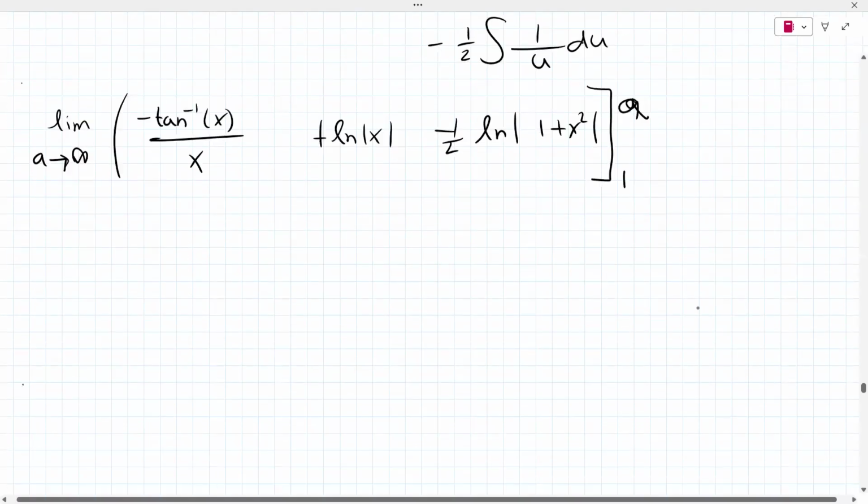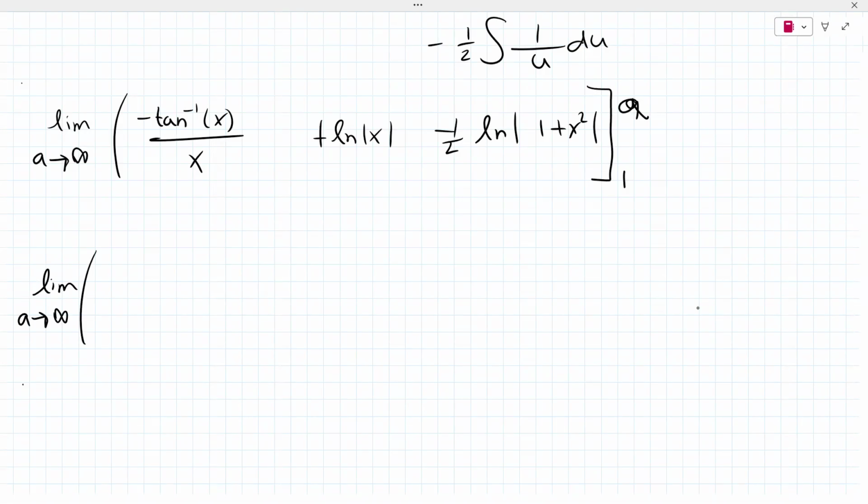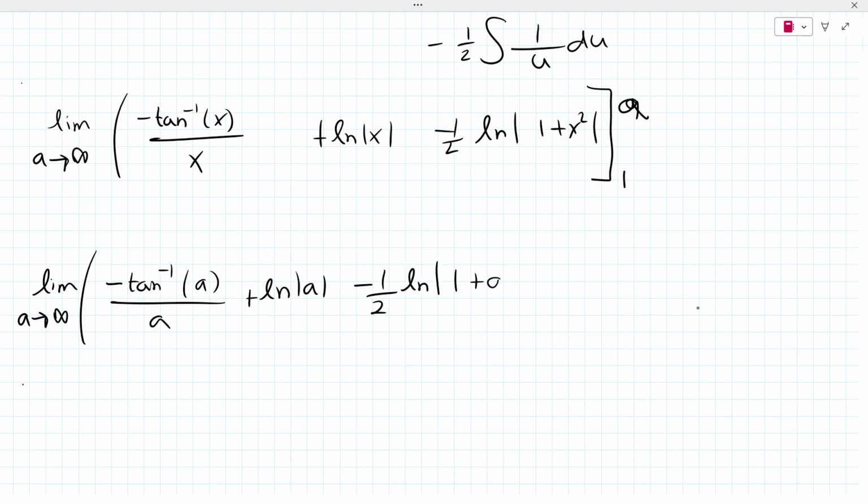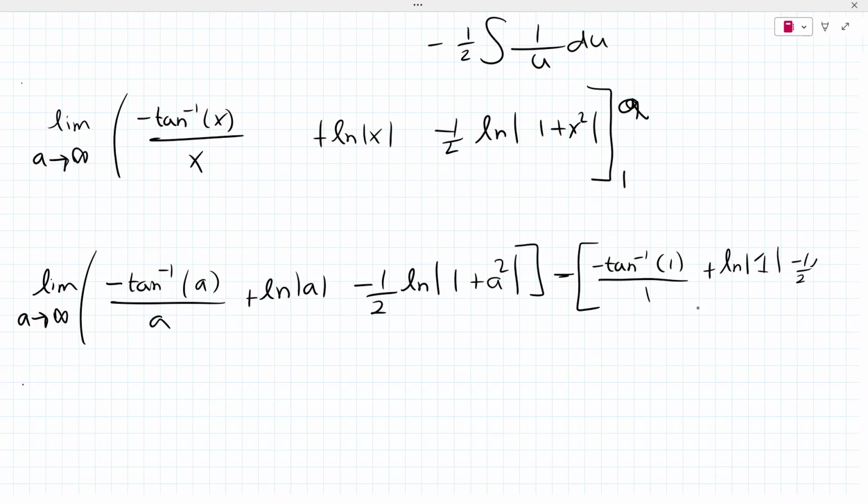So that's going to be the limit as a approaches infinity of negative tan inverse of a for a plus ln of absolute value of a minus 1/2 ln of absolute value of 1 plus a squared minus bracket negative tan inverse of 1 over 1 plus ln of 1 minus 1/2 ln of 1 plus 1 square.